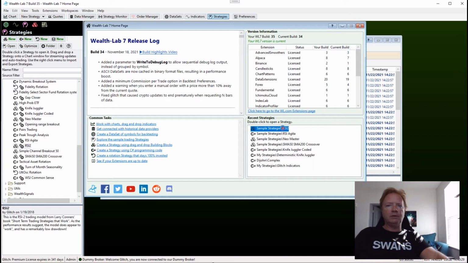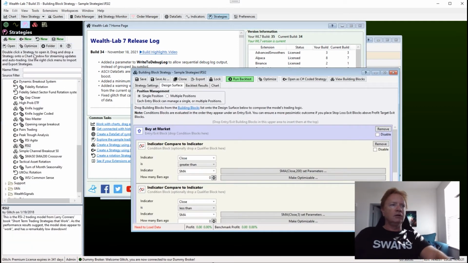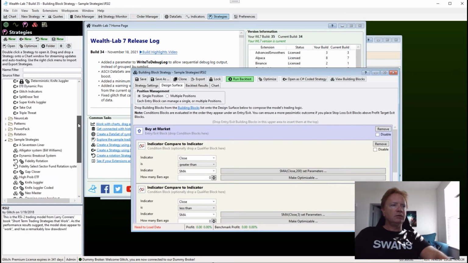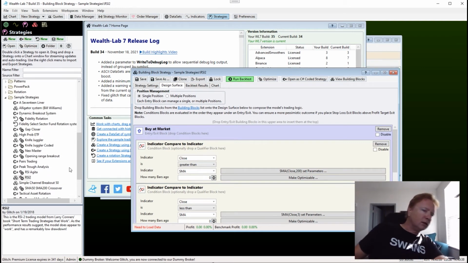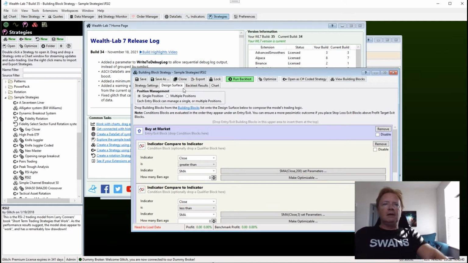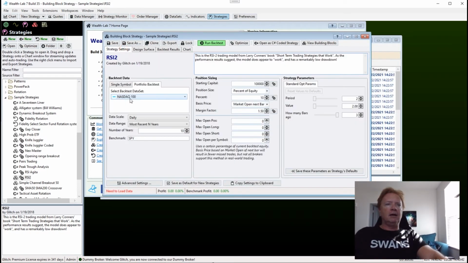I'm going to open up a strategy. It's here in the sample strategies, RSI2, developed by Larry Connors. And let's run that on the NASDAQ 100, Wealth-Data's NASDAQ 100 data set with built-in protection against survivorship bias.